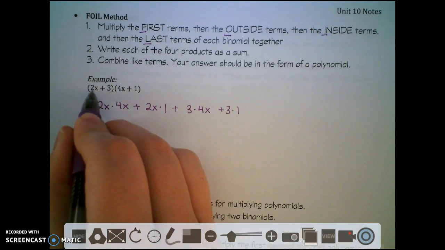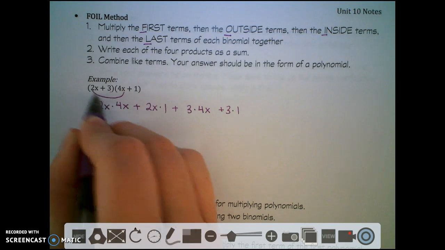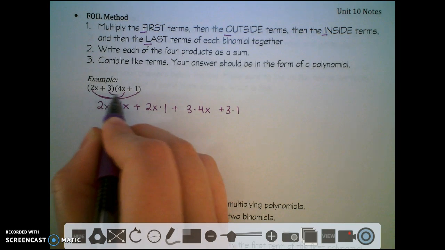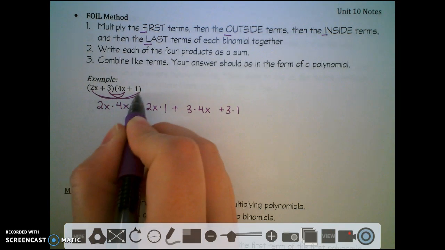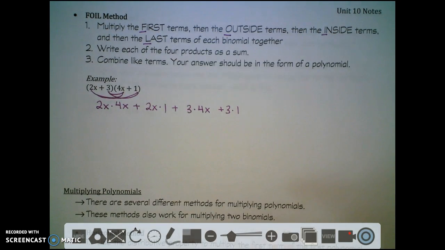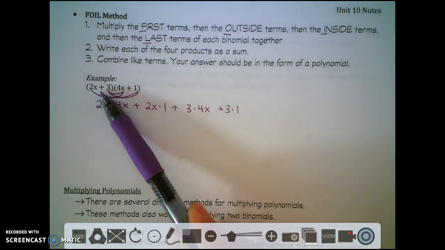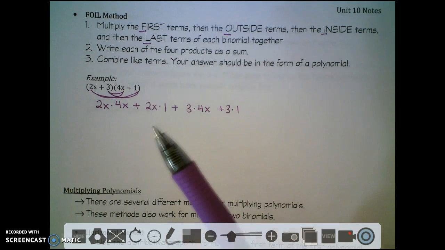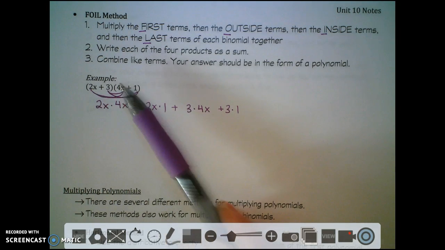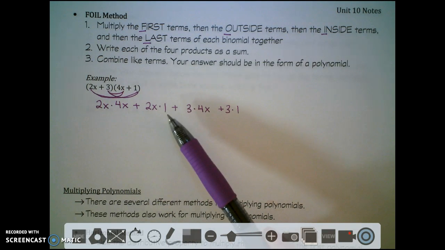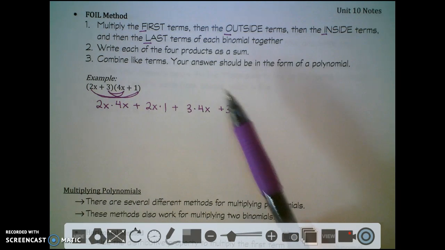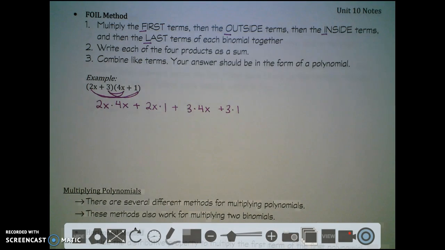So again, that's first, outside, inside, last. So each of these two terms is multiplied by each of these two terms. So we have 2 terms times 2 terms gives me 4 total. So 1, 2, 3, 4, and then I'll simplify and combine my like terms.